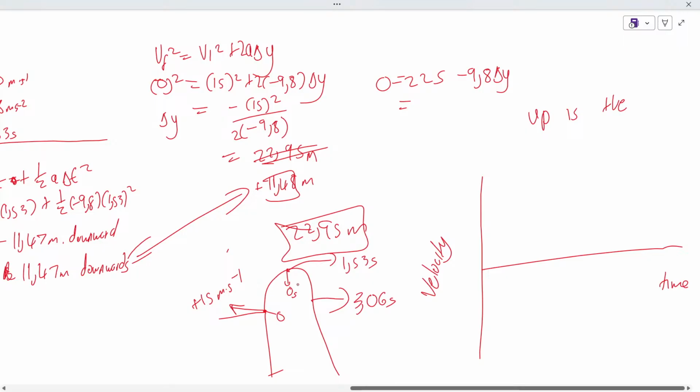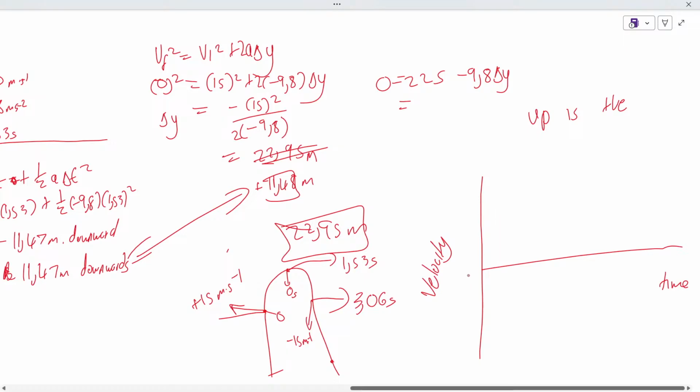It's like I'm plotting now. If you wanna plot, you can plot, you just have to find the right information. Here the velocity will be negative 15 meters per second. They don't want the velocity when it reaches the ground, so we don't have to care.